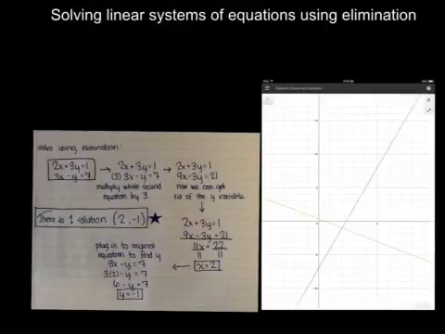And we can subtract these two equations, and that would give us 11x equals 22, and that we can easily solve to get x equals 2. And then we take x equals 2 and plug it into 3x minus y equals 7, and we get y equals negative 1. So that is our one solution, 2 and negative 1.